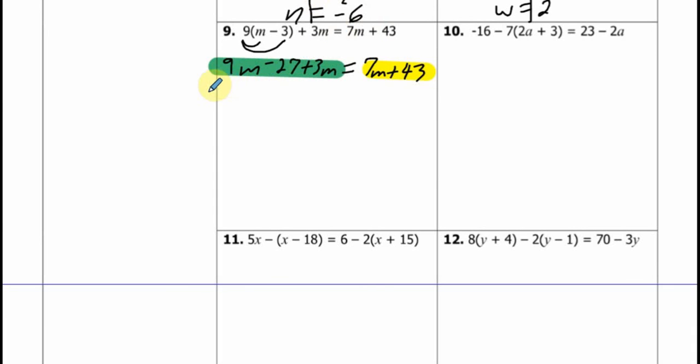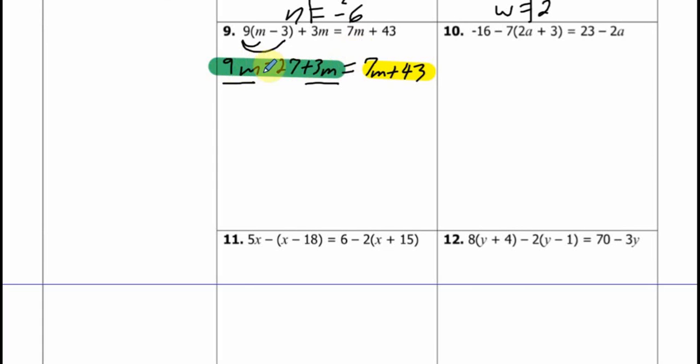All right, so left side, do you see any like terms? All right, good. The terms that have an m in it. 9m and 3m. Again, this is on the other side, different highlighter color, so I can't combine the 7m with that. All right?